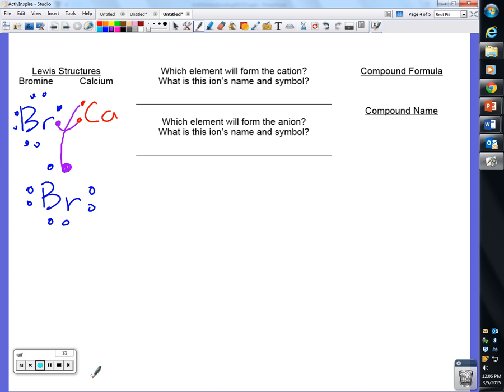So let's answer these questions in the middle. Which element is forming the cation in this group? Calcium, because it is losing electrons. But, different than before, how many electrons does it have to lose? 2. Meaning that it starts with, how many protons?